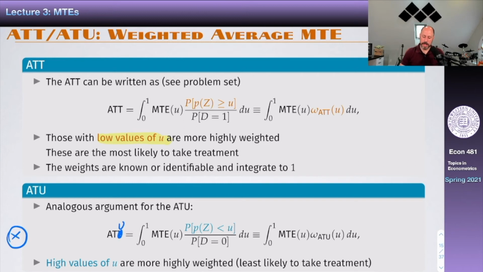The analogous argument holds for the average treatment on the untreated. ATU is just the same, except that now this is reversed, and high values of U get higher weight because people with high values of U choose 0 more often, and so that makes sense. Here you have another example where if you find the right weights, then you weight the MTEs this way, and you get the parameter.